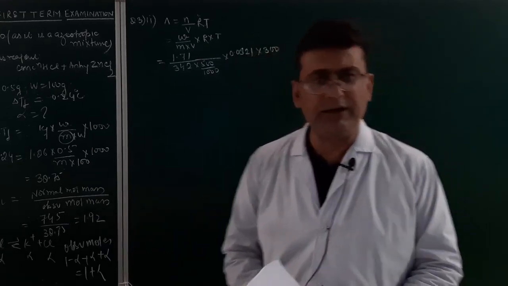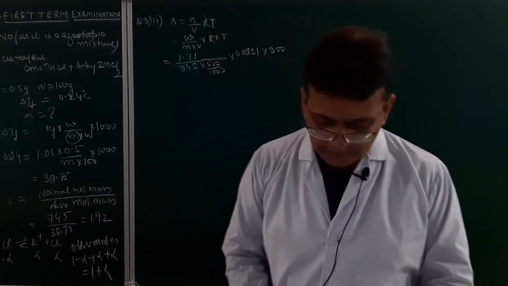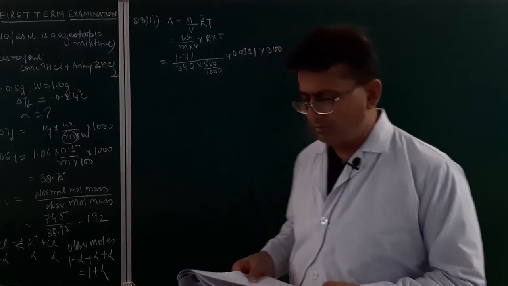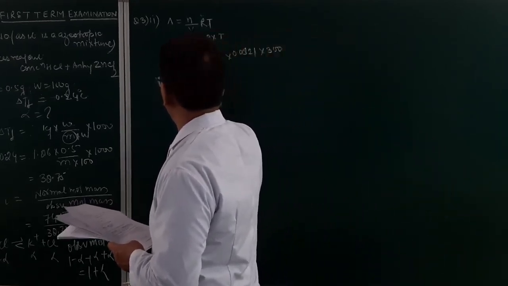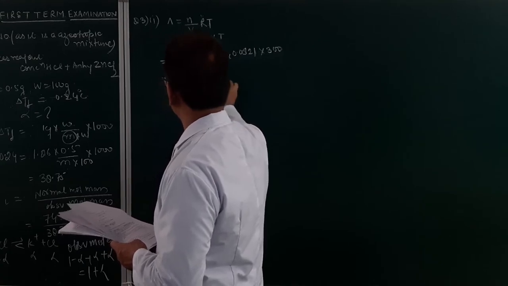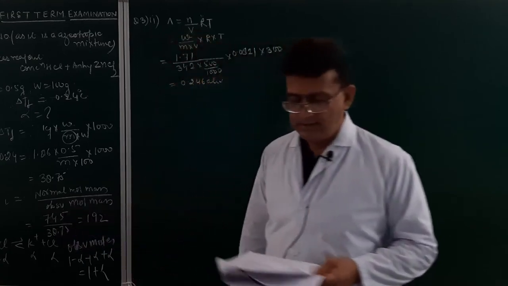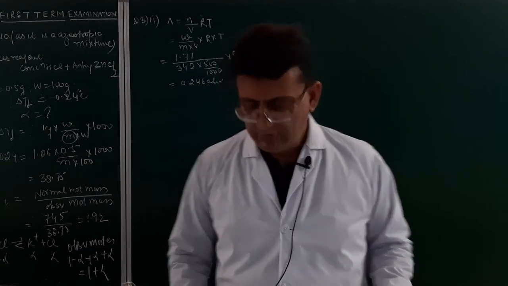I think I shall be very clear. One thing I have done, I have converted the volume into liters. So on solving it out, it will come out to be equal to 0.246 atmosphere. Yes? Now the third part.